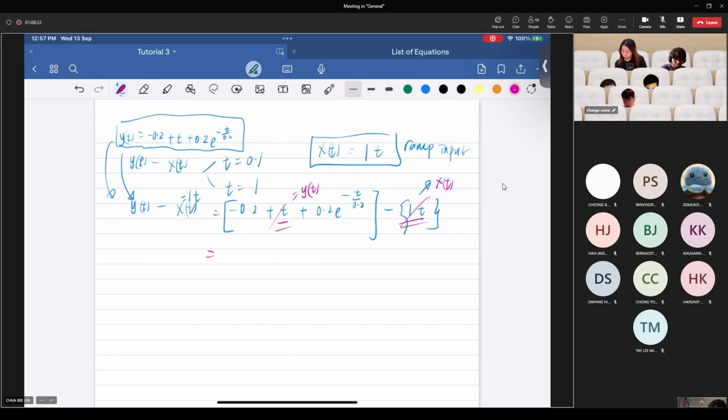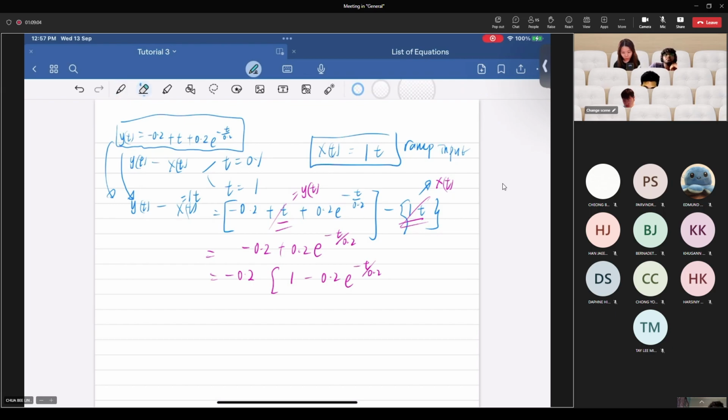In this case, we will be having plus 1t minus 1t, so gone. So we'll give you the answer of negative 0.2 plus 0.2 e negative t over 0.2. You will factorize the 0.2 to get the simplest form: 1 minus 0.2 e negative t over 0.2.